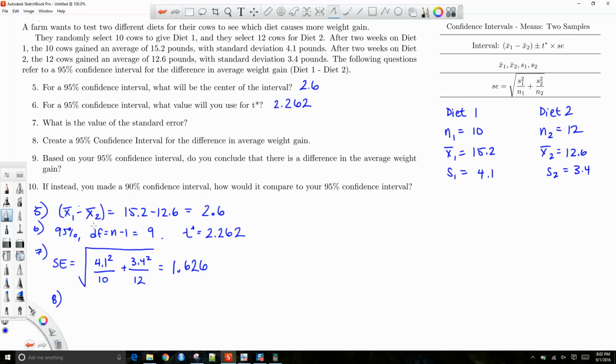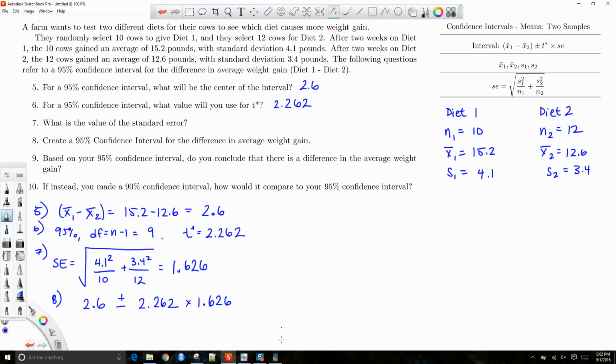Okay, and then we'll create our 95% confidence interval. So I'm going to have 2.6, which is x bar 1 minus x bar 2, plus or minus t star, 2.262, times the standard error, 1.626. Yeah, so part 5, which was find x bar 1 minus x bar 2, that's 2.6.